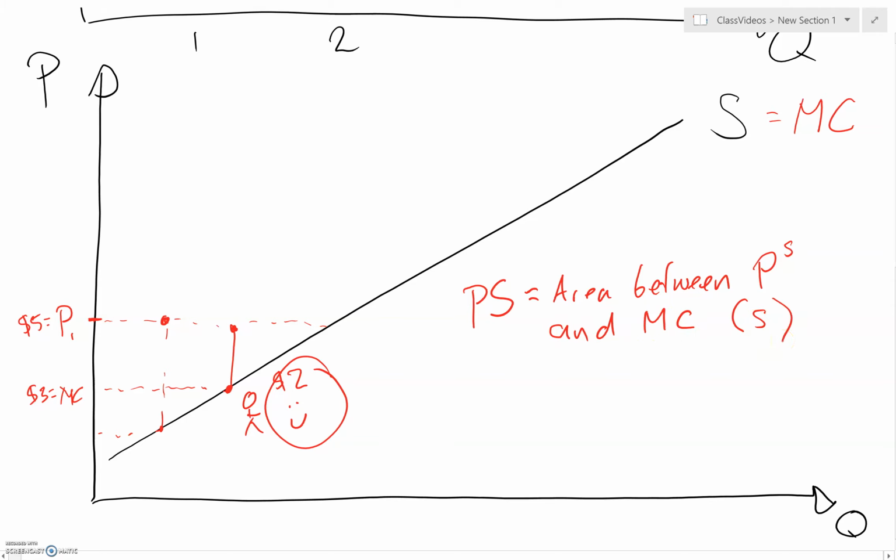And so that area at a price of $5 is going to be the area of this triangle here.